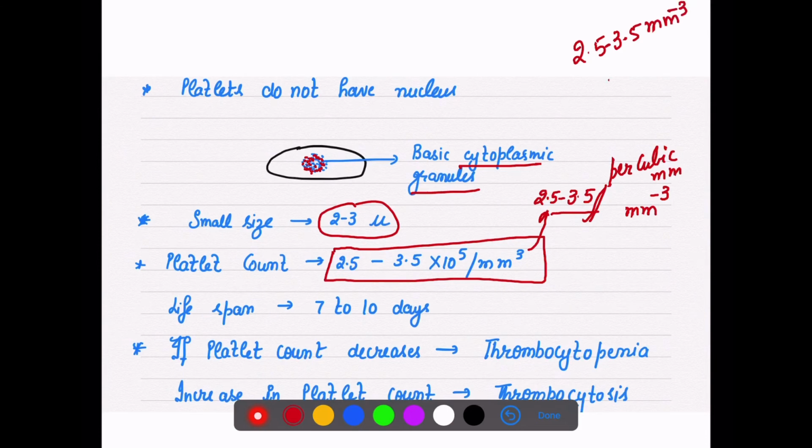-3, because when you bring the lower value up, it becomes minus, right. And I actually try to avoid minus calculation. That is why I mostly use my calculation in positive terms. So that is why we are writing this as 2.5 to 3.5 × 10^5 per cubic millimeter.